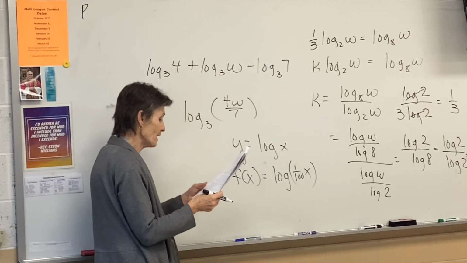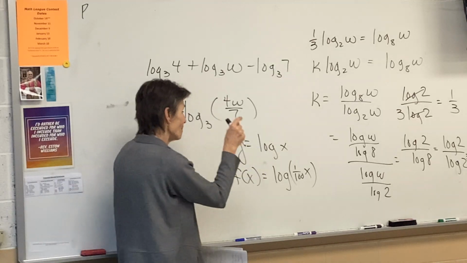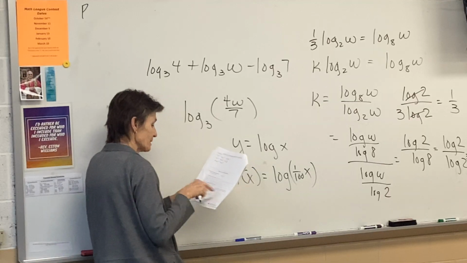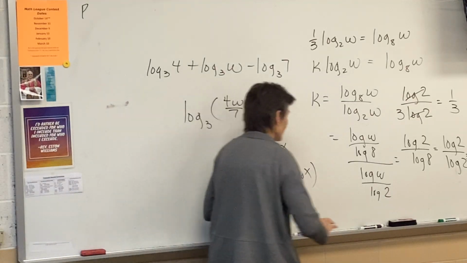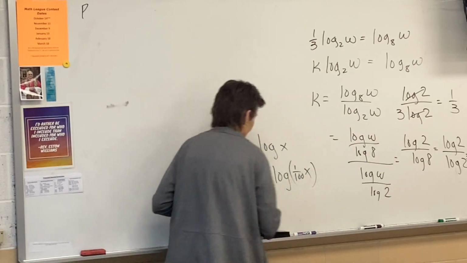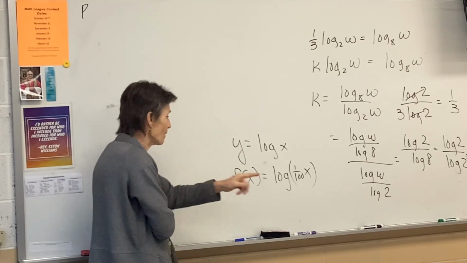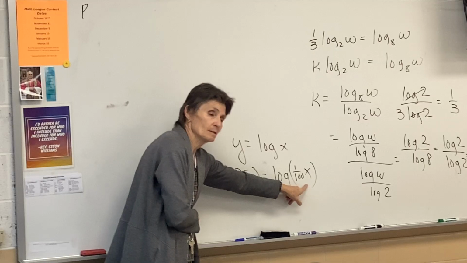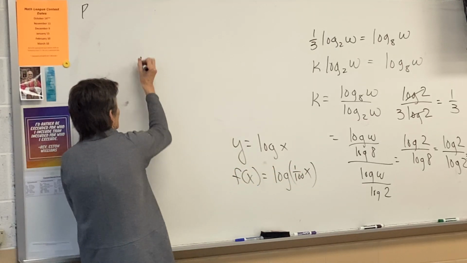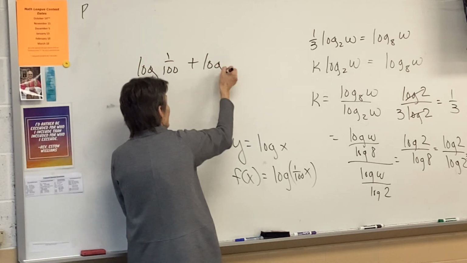Now, which of the choices there would match that picture? If I could graph that picture, which of my choices here would match that? Can you figure that out? Now remember, that's a multiply right there. So can I split that? So it'd be the log of 1/100 plus the log of x.